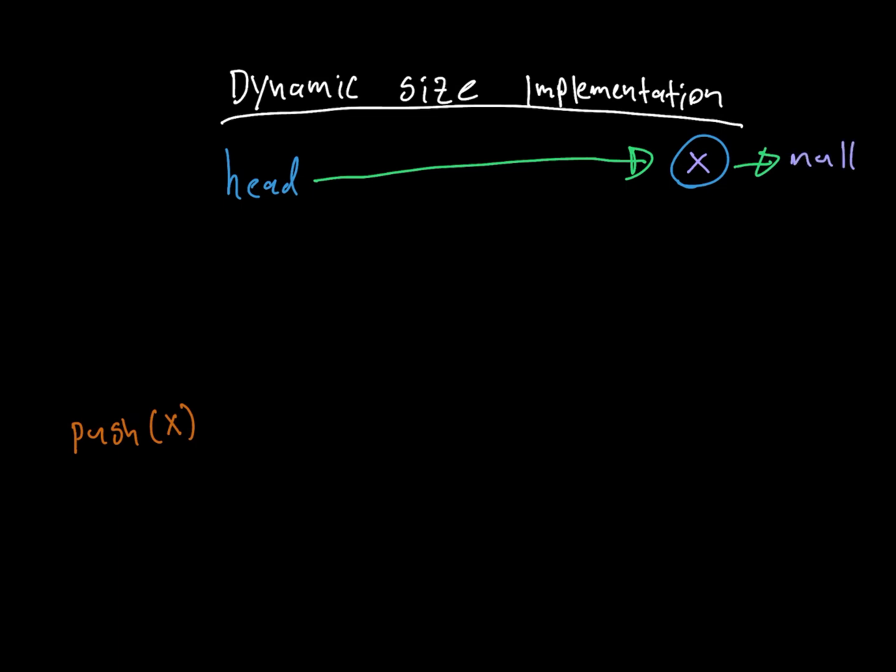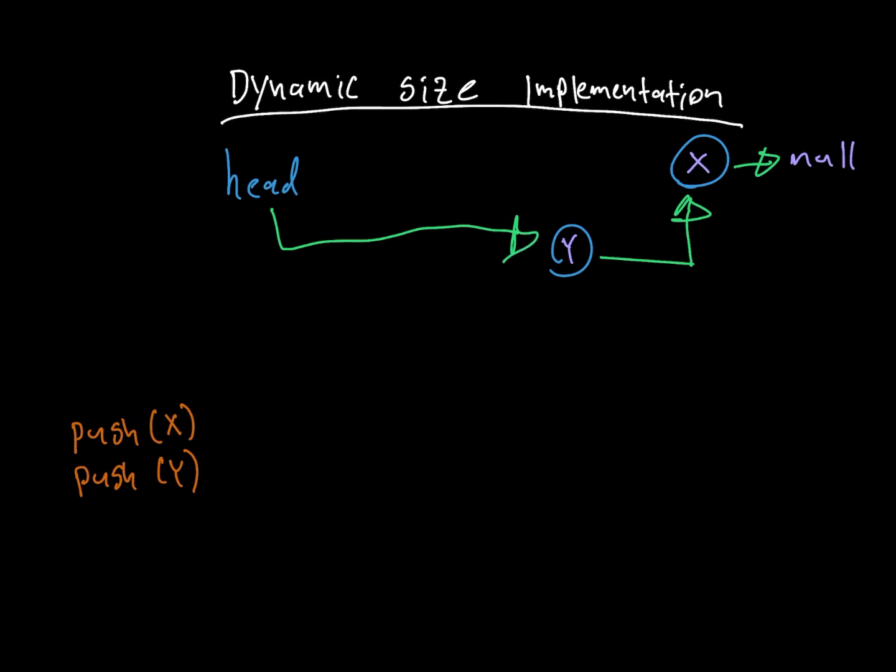We want to try again, push Y. So we create a new node, fill the data with Y. We set the next pointer to be the current first node in the sequence. In this case, it's X. We update head to point to our new node.